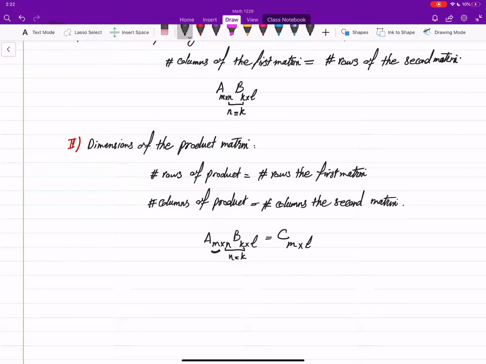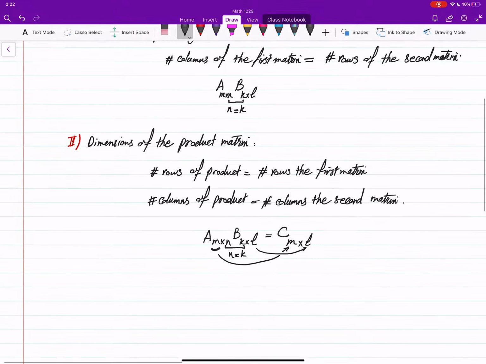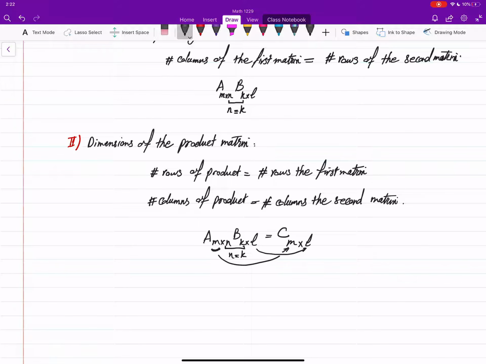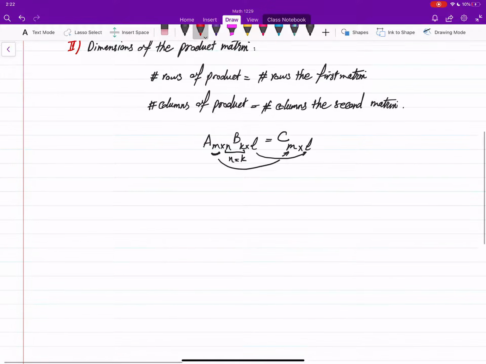The number of rows of the product is equal to the number of rows of the first matrix, and the number of columns of the product is equal to the number of columns of the second matrix. So this goes forward and this goes here. Very well. Now we know that when it is defined, what would be the dimensions.